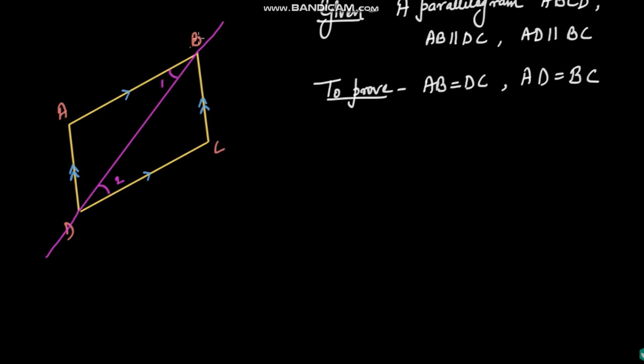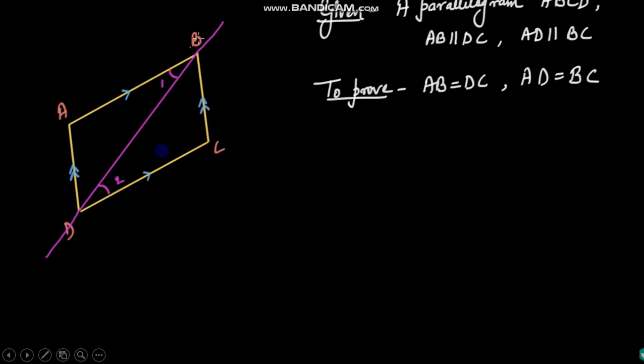When you draw the transversal line, this angle is equal to this angle: angle 1 equals angle 2. Why? Because alternate interior angles are equal. This theorem we proved in the lines and angles chapter.